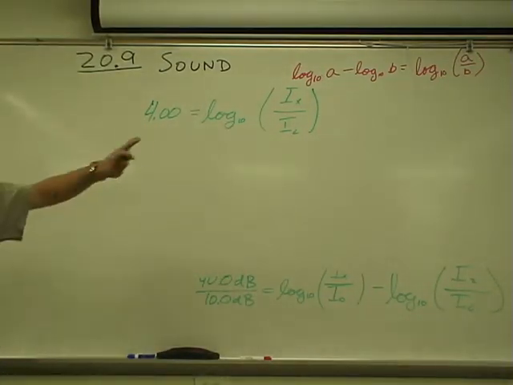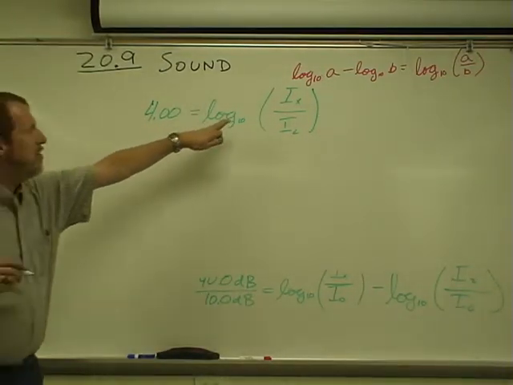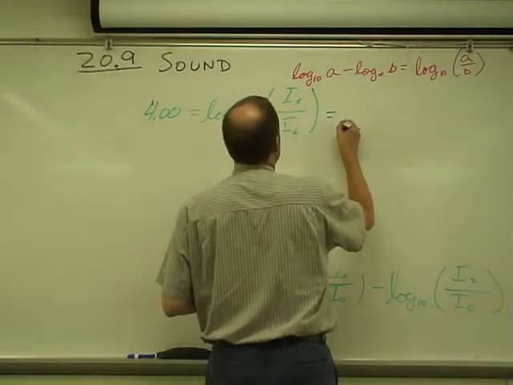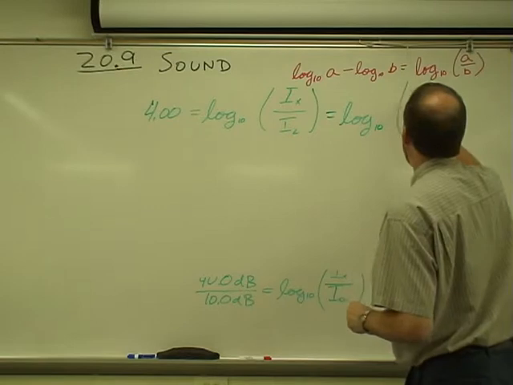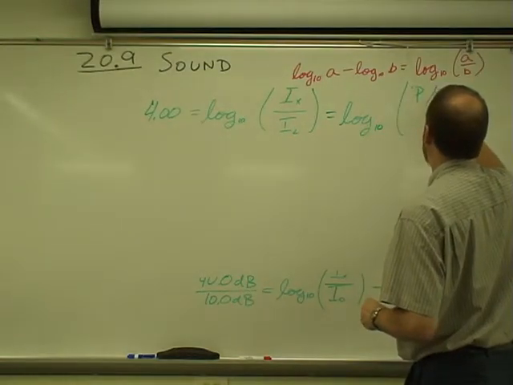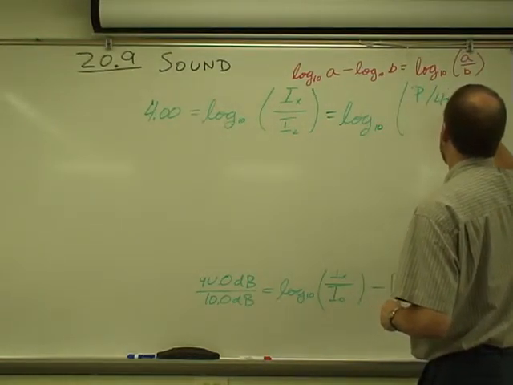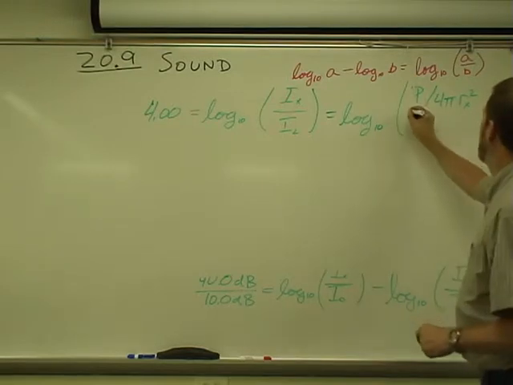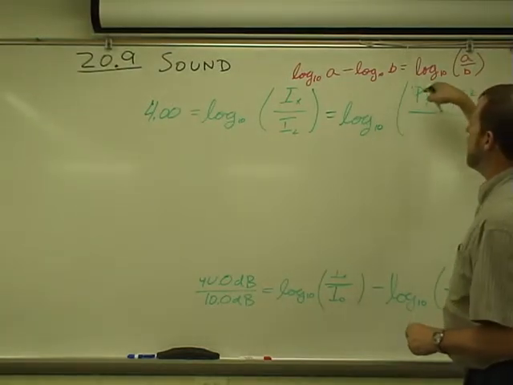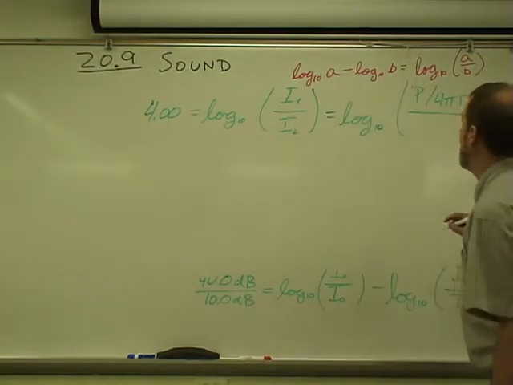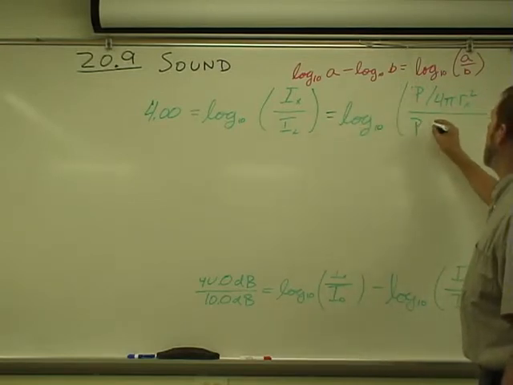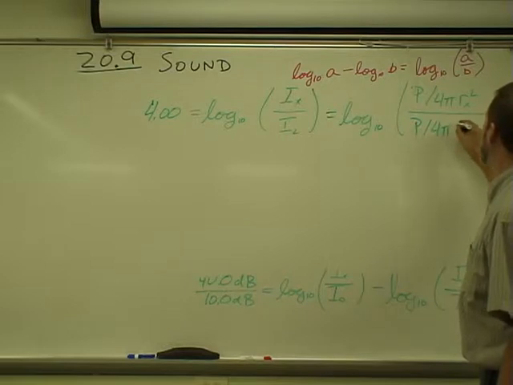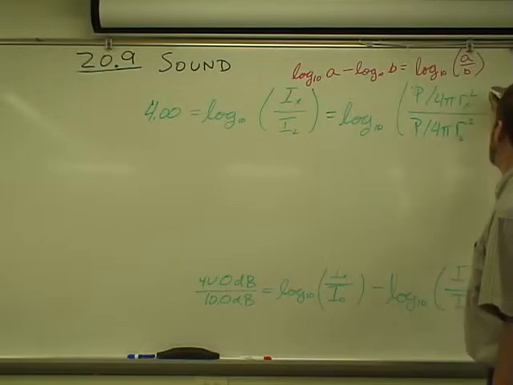And now I'm able to take advantage of the fact that the intensity is power divided by 4 pi times the radius at x squared. That's the intensity at some distance x, divided by the intensity at 2 meters, which is the power divided by 4 pi r of 2 meters squared.